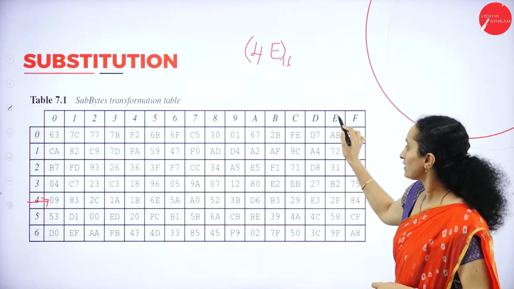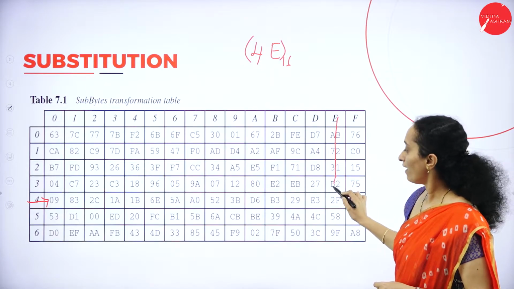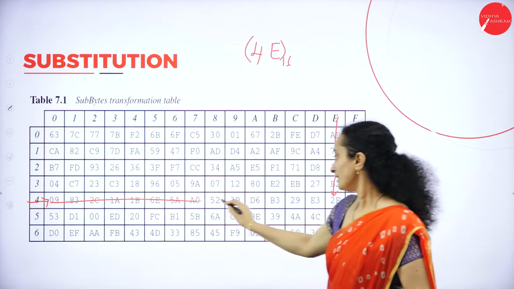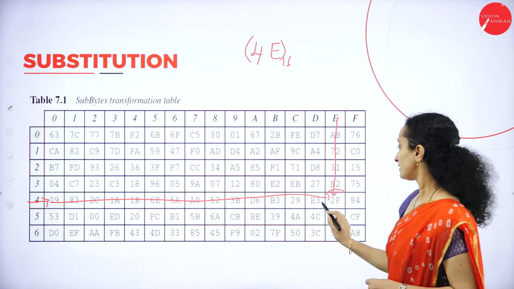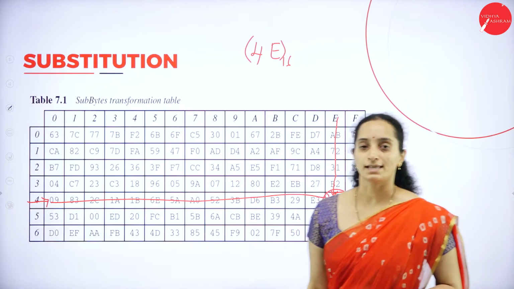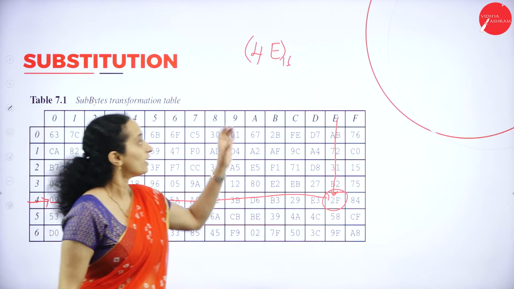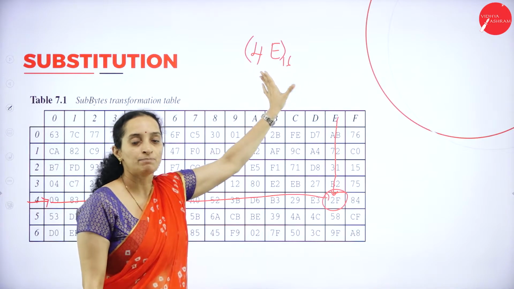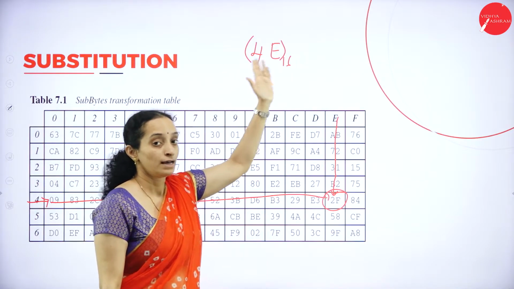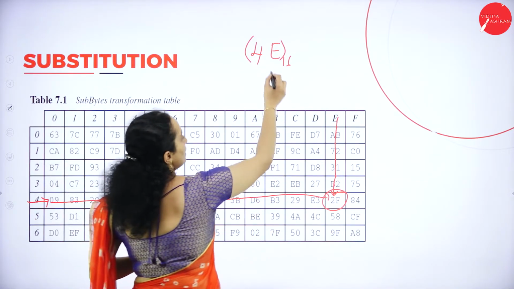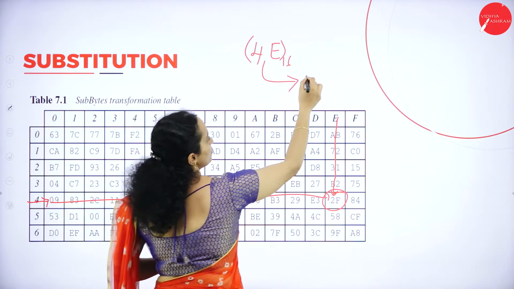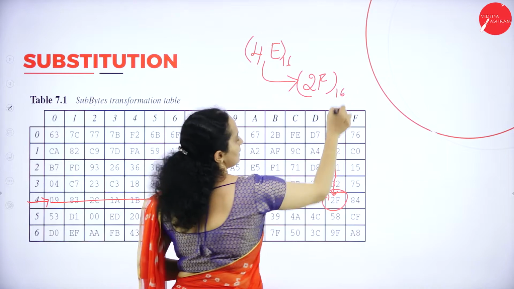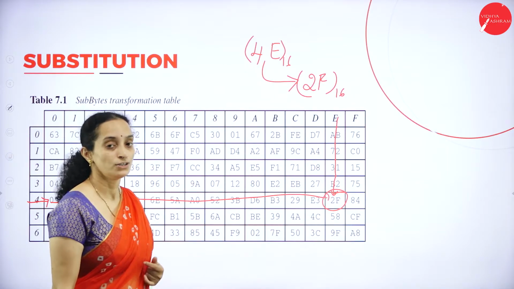So we have to intersect these values. They intersect at this cell. Therefore, the byte 4E, a hexadecimal number, will be transformed to 2F base 16. So this is how you can transform.